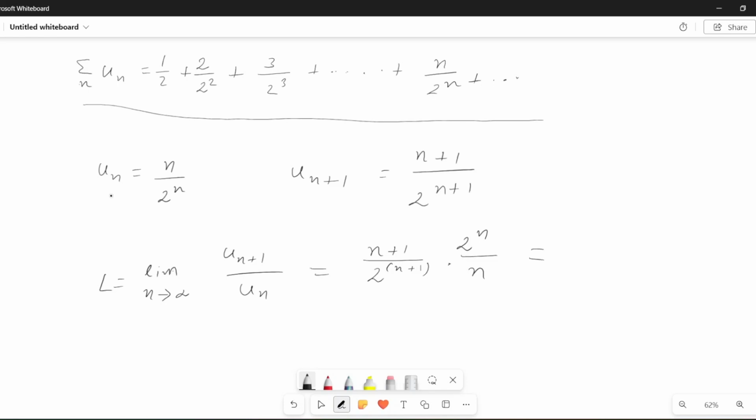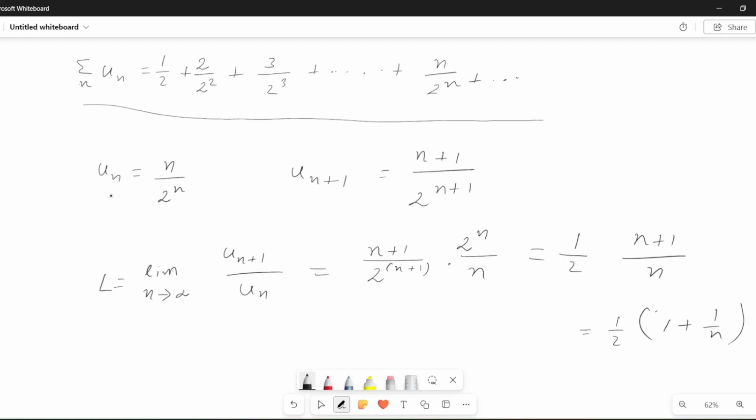That can be written as 1 by 2 into n plus 1 by n, which is 1 by 2 into 1 plus 1 by n.